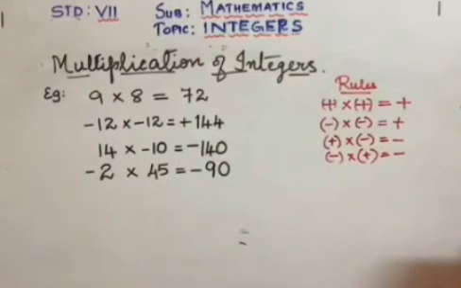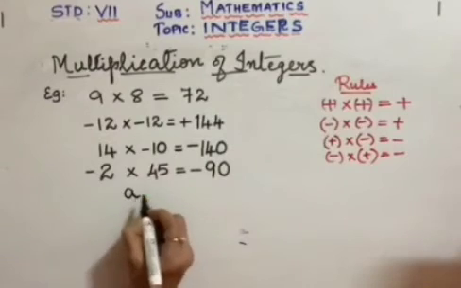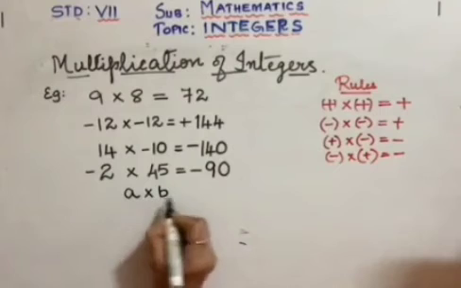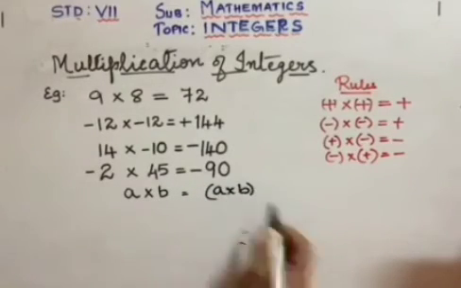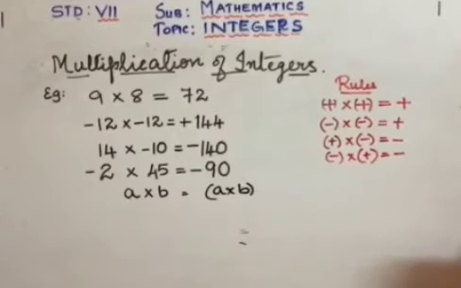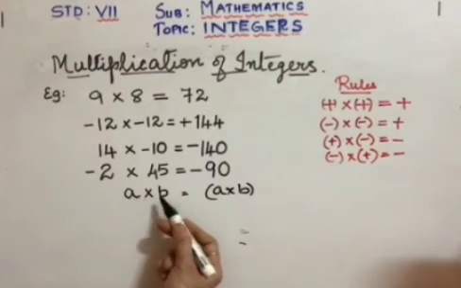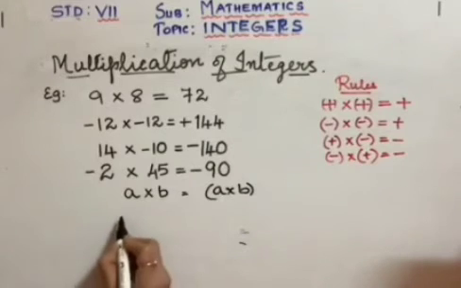So far, did you understand, children? So we can sum it up as A into B. See, both are positive, so positive A into B. Please make a note. Here A and B are integers. They are variables, children, meaning they can take any value, any integer they can represent. Then we have both positive. Now we are taking both negative.